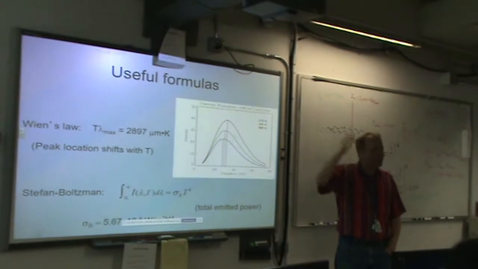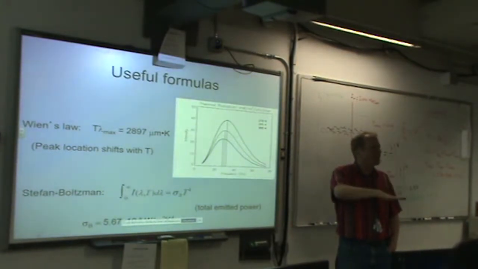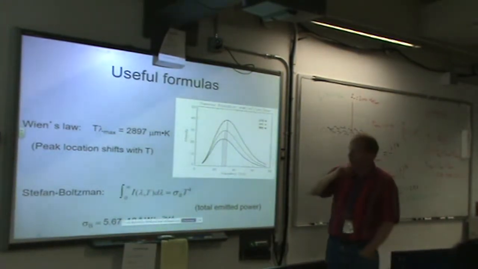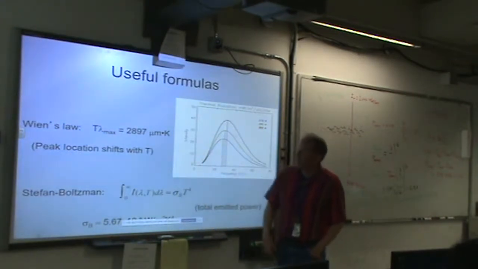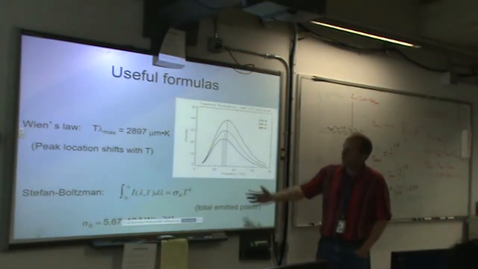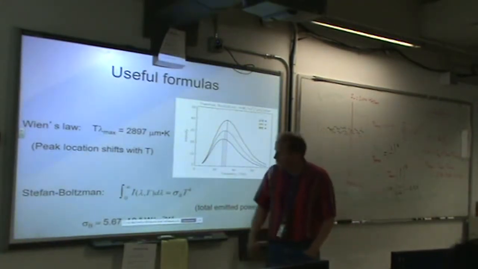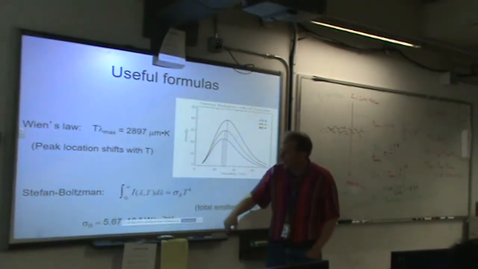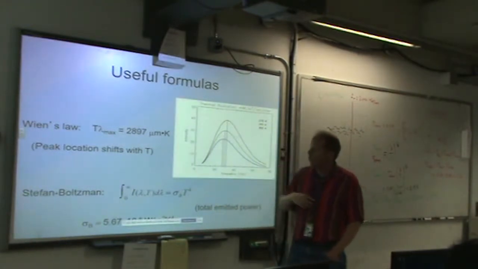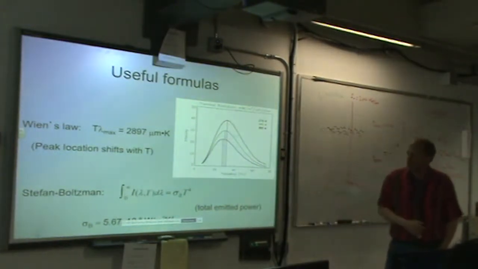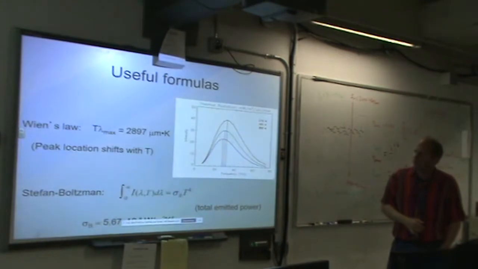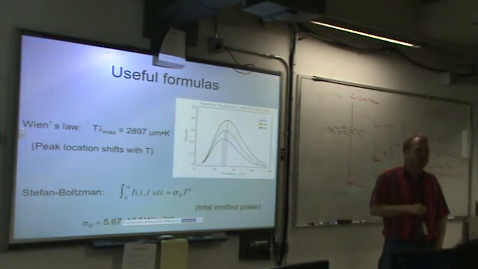It has to be Kelvin because it has to go to zero emission at 0 Kelvin. Okay? And then you have a universal constant there, which is made up of h's and c's and stuff like that. Unfortunately, this Stefan-Boltzmann constant comes out to about 5.67 times 10 to the negative 8 watts per meter squared per Kelvin to the 4th. So you can figure out how much energy is being emitted.